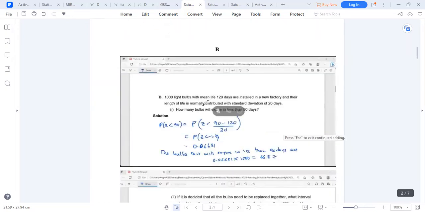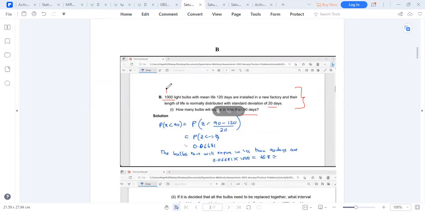Quickly, we've been given a question on normal distribution. We're told that 1000 light bulbs have a mean life of 120 days, and the standard deviation is 20. How many bulbs will require replacement in less than 90 days?